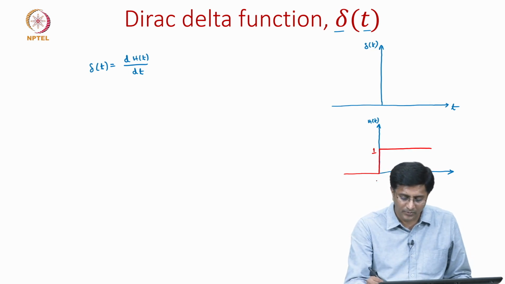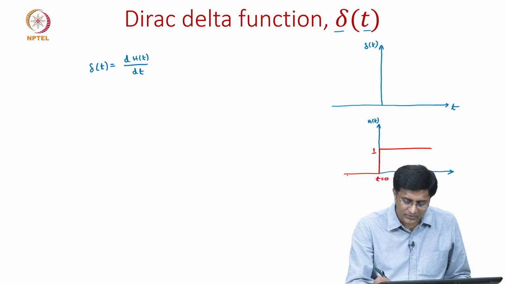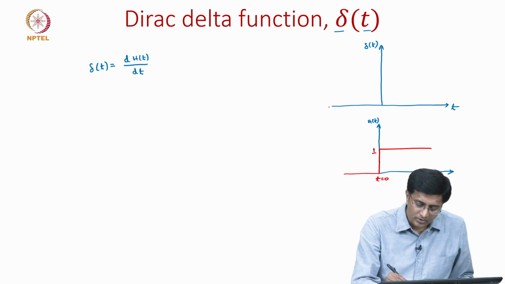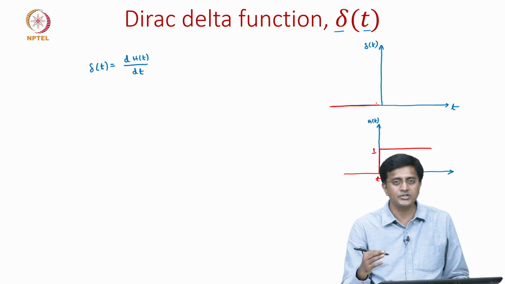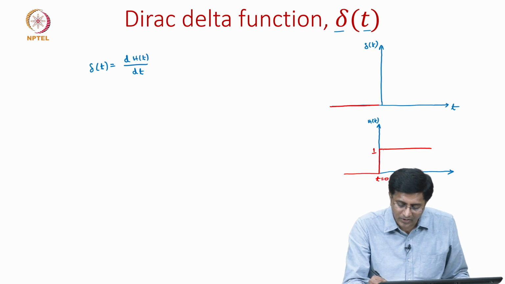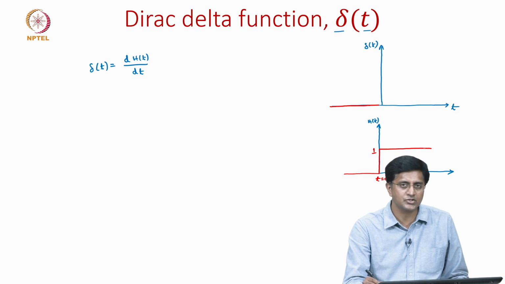To the left of time t equal to 0, we have seen that the Heaviside function value does not change. So, even in the Dirac delta function the value will remain at 0. Now, let us focus on what happens when time is greater than t equal to 0. We see that the Heaviside function value remains at 1, which means again the slope is 0.